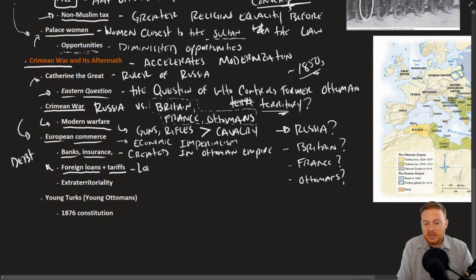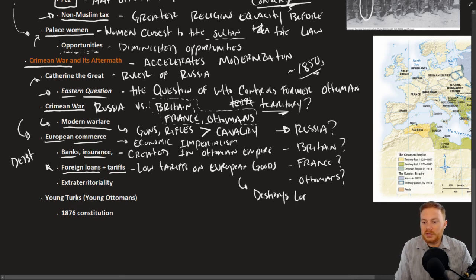Tariffs, low tariffs on European goods. This more or less allows the British and the French to sell their goods in the Ottoman Empire for a very cheap price, because the British and the French are mostly industrial. The quality of their goods is better, the prices of their goods are better, and what this does is destroy local business.